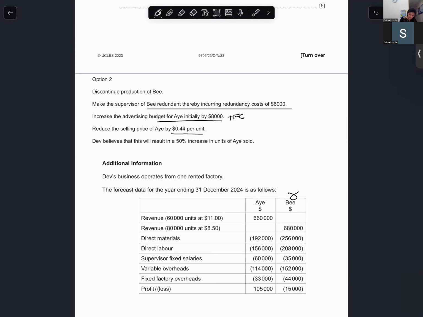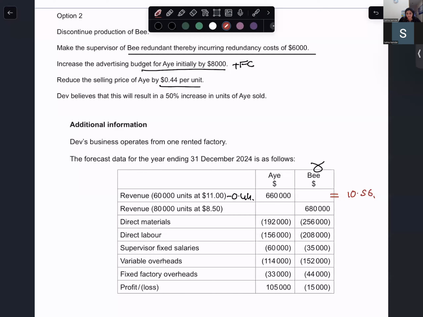Reduce the selling price by 0.44. So I will reduce the selling price by 0.44, so it becomes 11 minus 0.44. And they believe this will result in a 50% increase in the units sold.